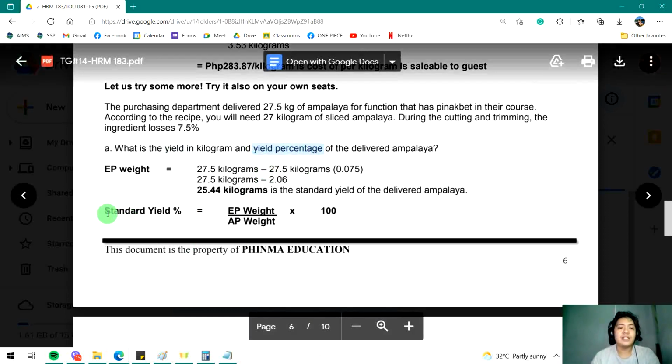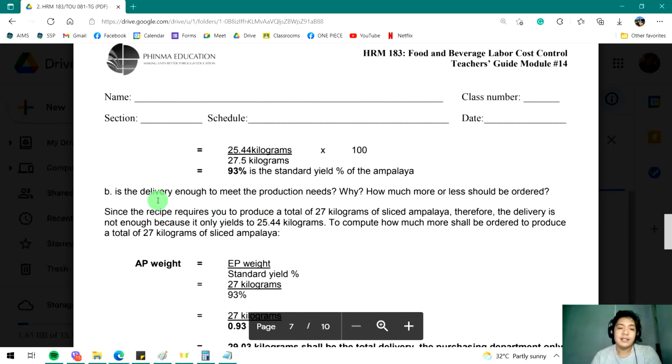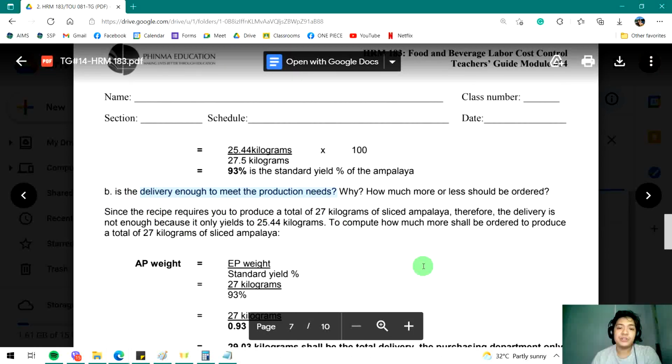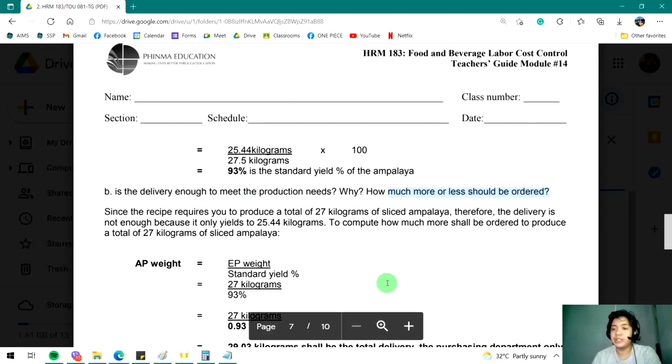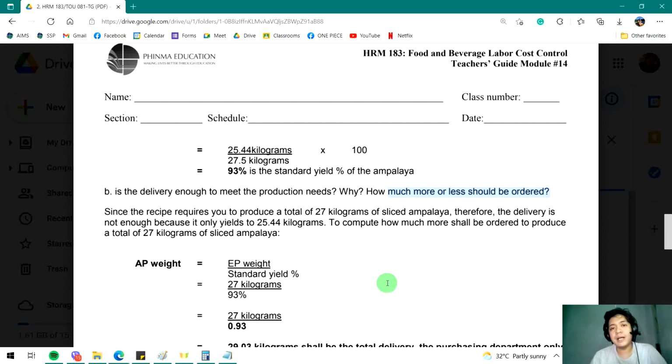Yield percentage, standard yield percentage, medyo given na siya sa part na to. Is the delivery enough to meet the production needs? How much more or less should be ordered? Take note of the term, ha? Dito sa sentence ito, ginamit is ordered. Ibig sabihin, hindi pa na-cut, hindi pa na-trim, hindi pa nagkakaroon ng kahit anong wastage.